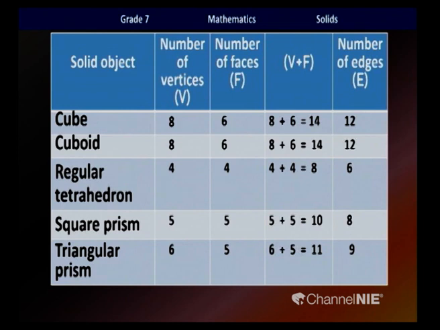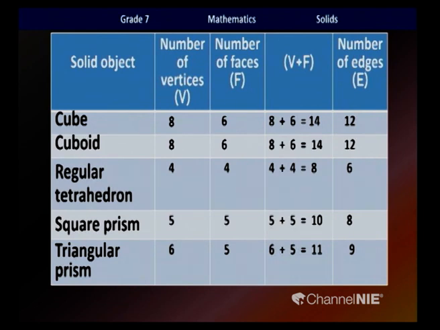We will see, I am going to construct a relationship between the number of vertices, faces and edges of the solids. Therefore, we will take one by one. In the cube, the number of vertices is 8, the number of faces is 6. So, when I add 8 and 6, the answer is 14.